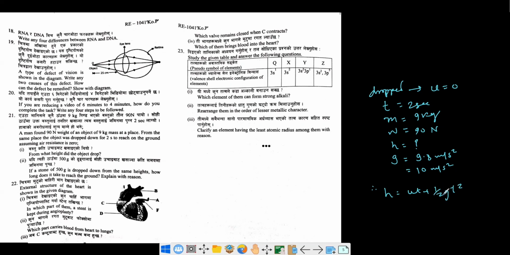As the object is dropping down, g will be positive, and as the initial velocity is 0, these terms will be lost, so that 1 by 2 into 10 into 2 square, that means 4. So this 2 will be cancelled, so 10 times 2 is 20 meter. So this is about 20 meter. Okay, this is the answer for the first part.